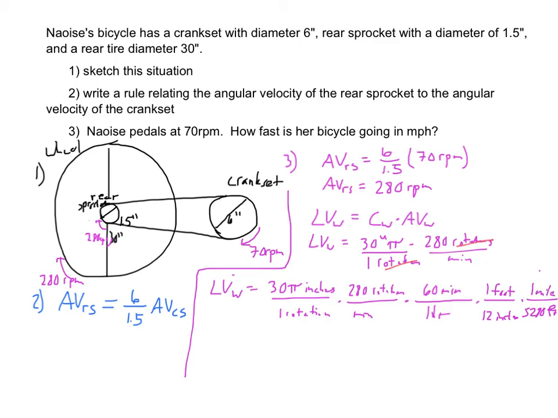So when I multiply through, rotations cancel out, the inches cancel out, the minutes cancel out, the feet cancel out, and the units that we'll be left with is this one here and this one over here. So we'll be left with miles per hour. And then we just carry out all that multiplication.